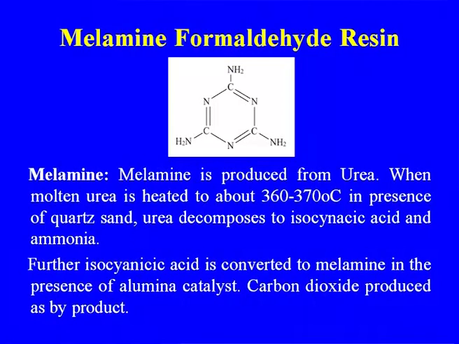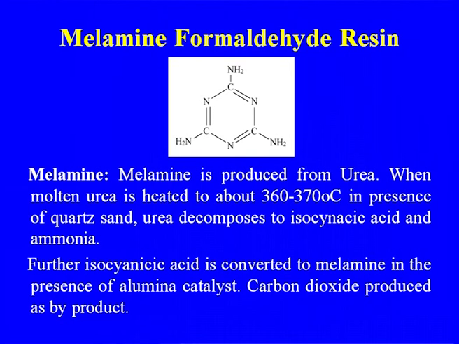Melamine is produced from urea, which I told you. When molten urea is heated to about 360 to 372 degrees in the presence of quartz, urea decomposes to isocyanic acid and ammonia. Further, isocyanic acid is converted to melamine in the presence of an alumina catalyst. Carbon dioxide is produced as a byproduct.